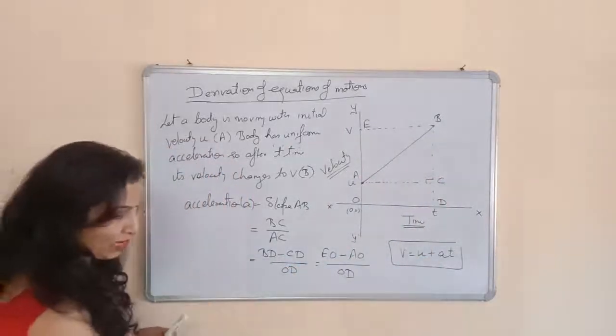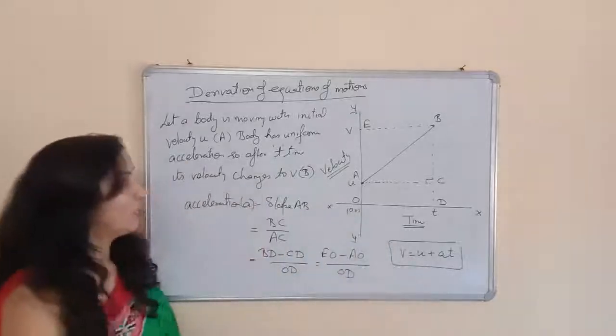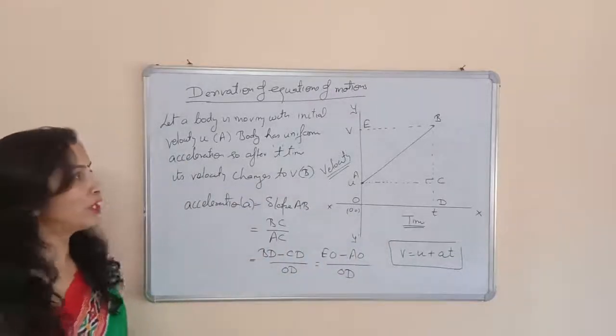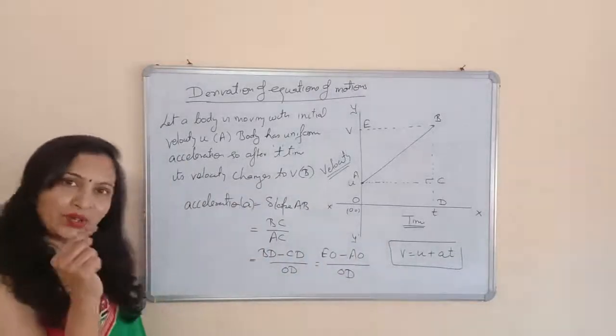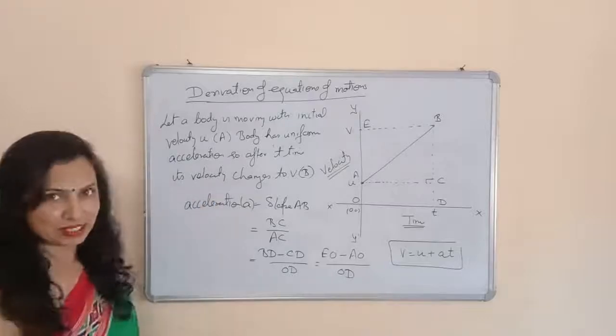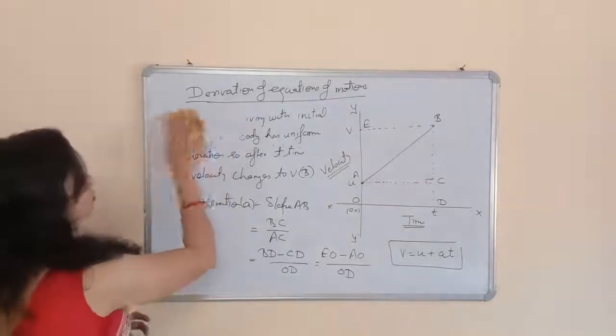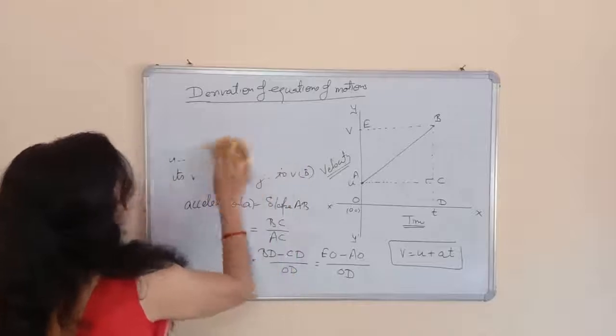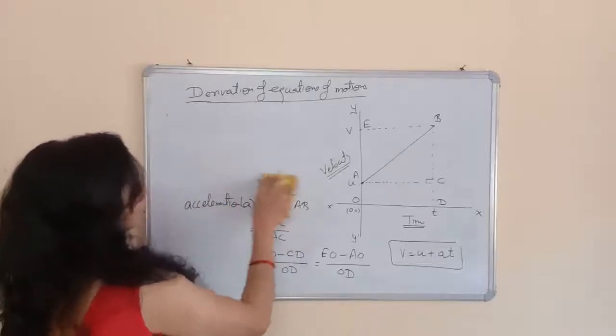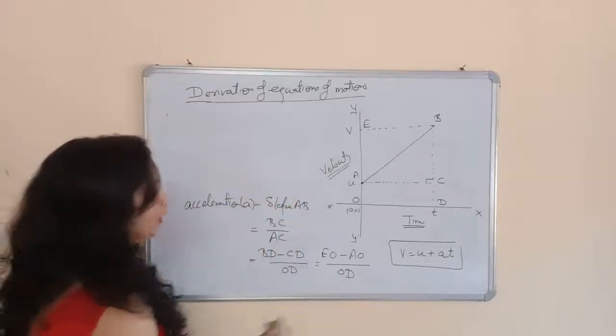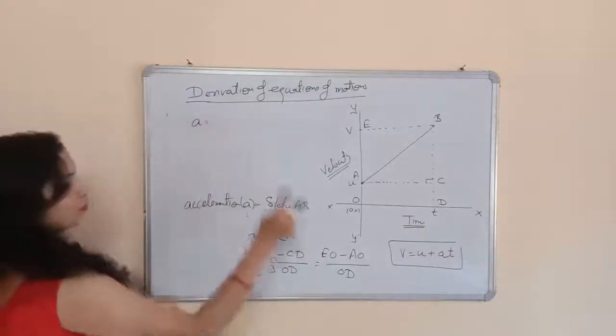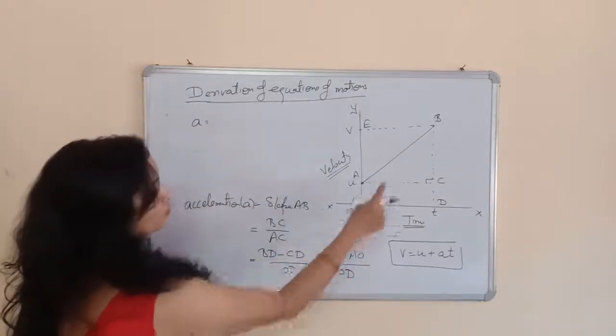Now I am going to put the values here, and I am going to rub the board, so you can pause the video and write all the statements. Now acceleration is equal to EO minus AO upon OD. What is the length of EO?